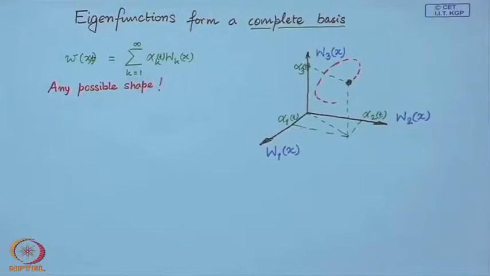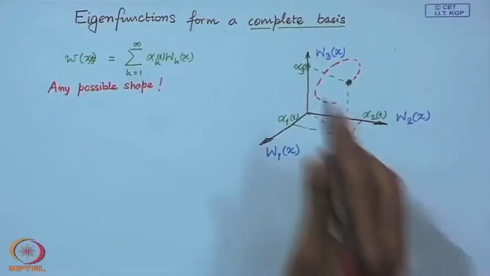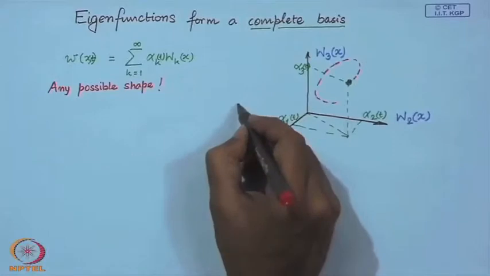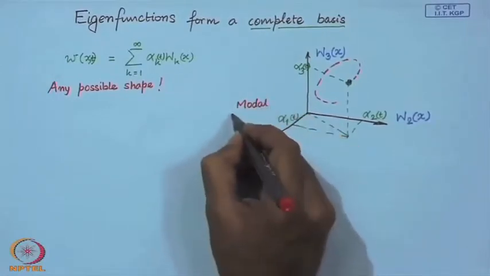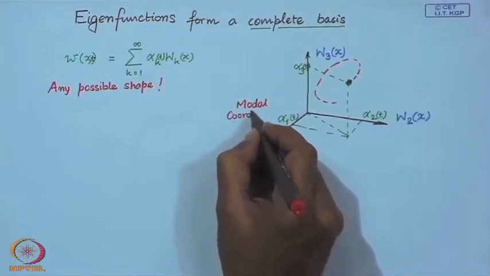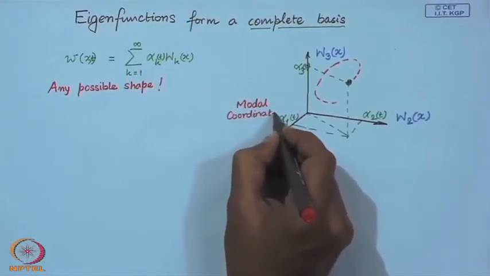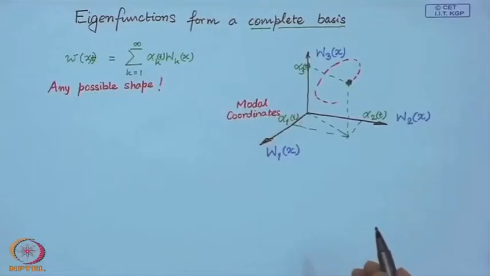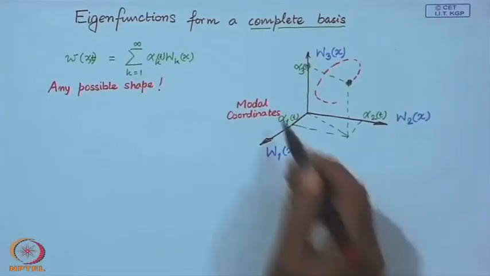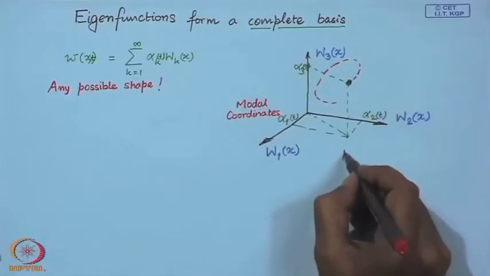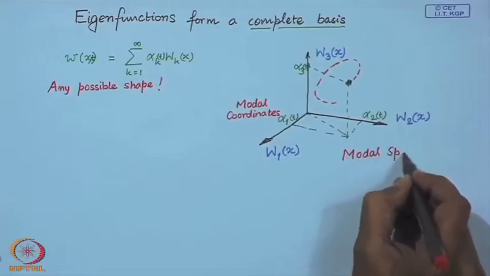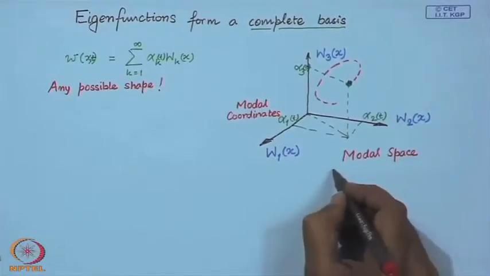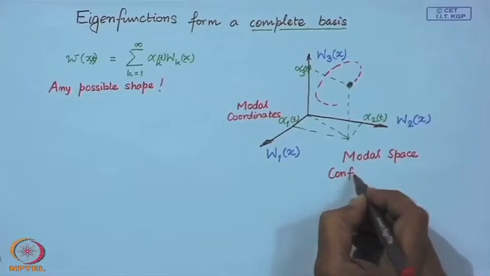So, they form what are known as modal coordinates, and this space is known as the modal space or the configuration space.